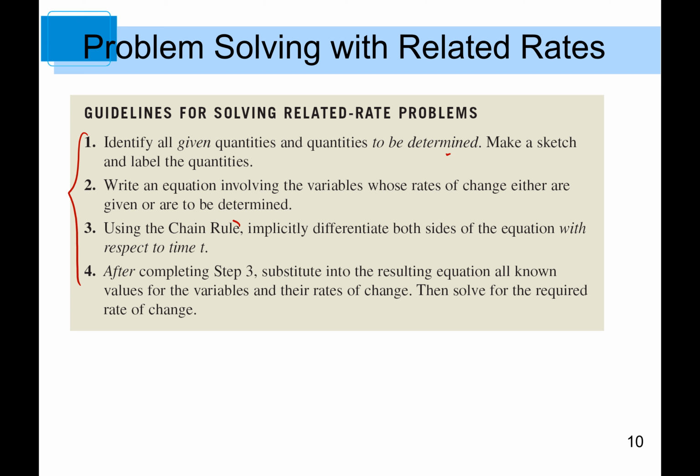Use the chain rule. Third step, implicitly differentiate both sides of the equation with respect to time t. So this is a key thing, right? You differentiate everything with respect to time t. After completing step 3, substitute into the resulting equation all known values for the variables and their rates of change, then solve for the required rate of change. Okay, solve for the unknown basically.